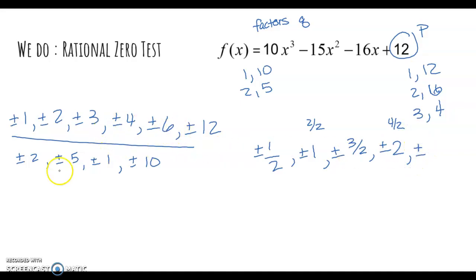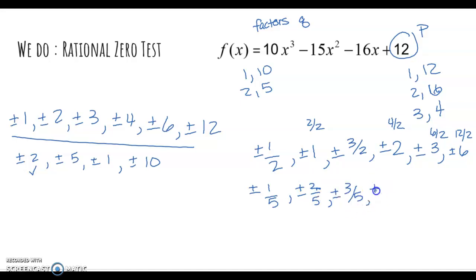Plus or minus 6 over 2, which simplifies to be 3. Plus or minus 12 over 2, which simplifies to be 6. So we did that. We've got plus or minus 1 over 5, plus or minus 2 over 5, plus or minus 3 over 5, plus or minus 4 over 5, plus or minus 6 over 5, and plus or minus 12 over 5.